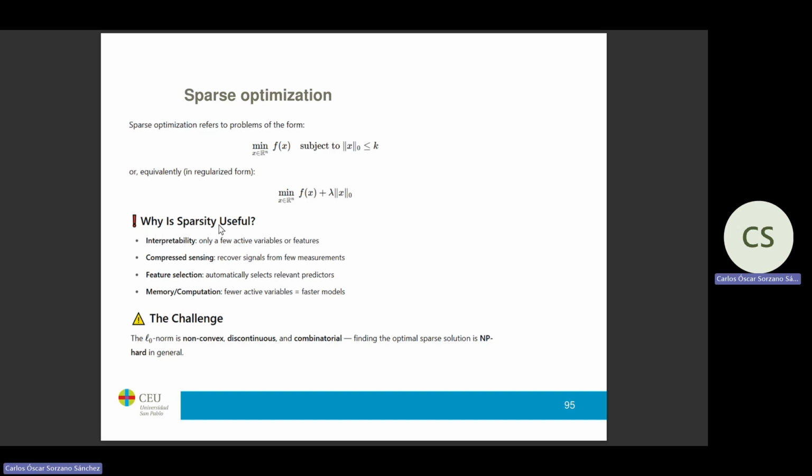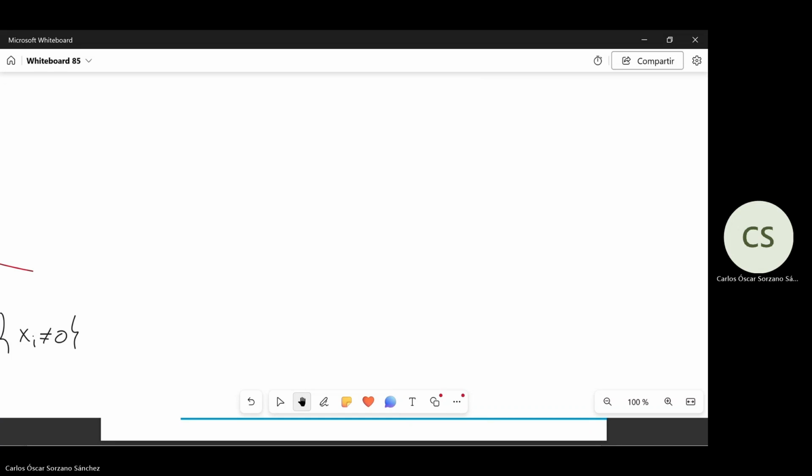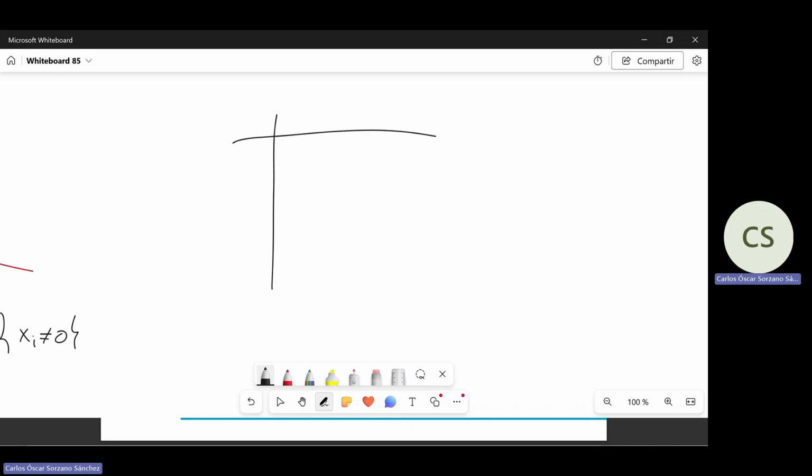So why do you want that? Because if you have very few variables, then it is very easy. Let's say that you are analyzing some data. You have a lot of individuals: individual 1, individual 2, individual 3.